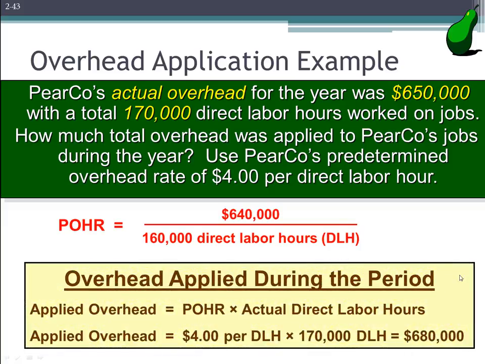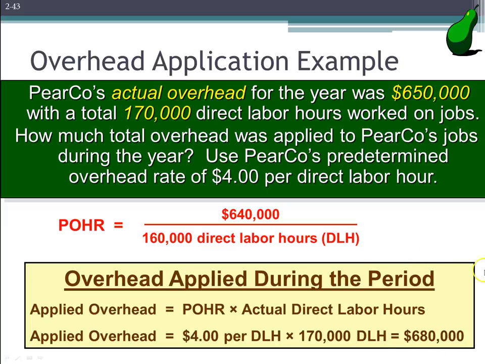Now, what we applied during the period is shown below here. We had a predetermined overhead rate of $4 and we had 170,000 direct labor hours. So if you multiply that out, this is what we actually applied, $680,000 that we moved from the manufacturing overhead account into the work in process account.